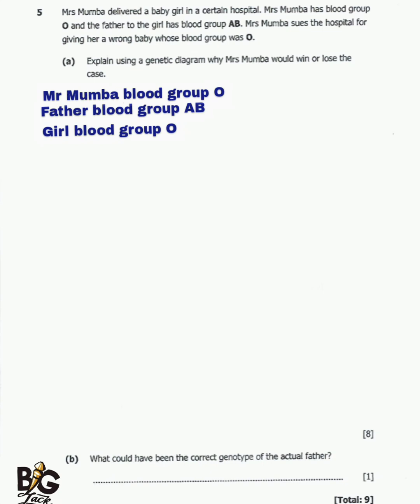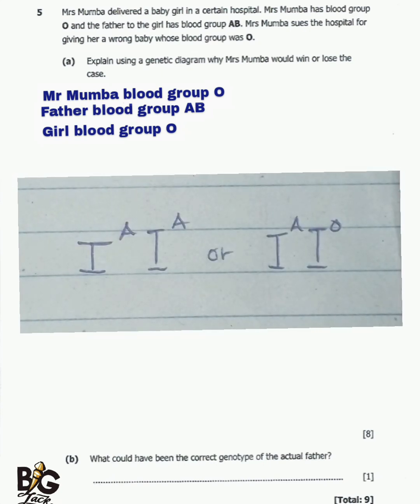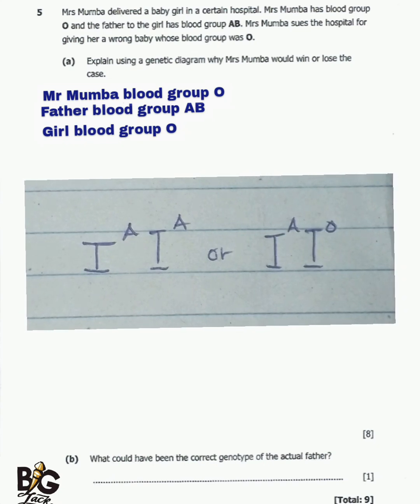When I say blood group A exists as homozygous dominant, I write capital letter I to the power A, capital letter I to the power A.